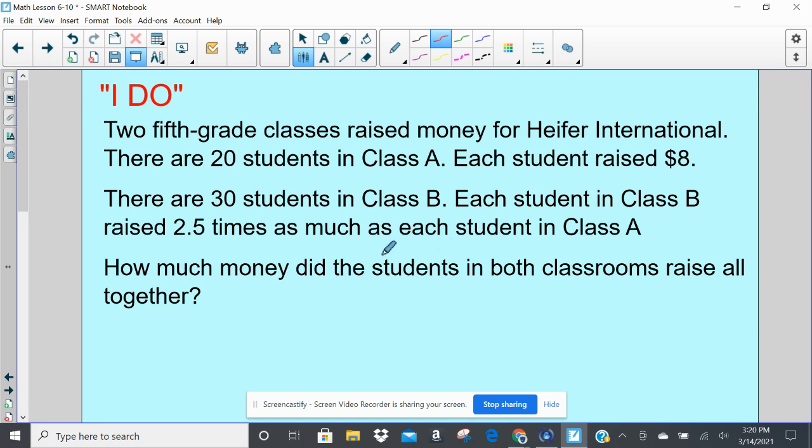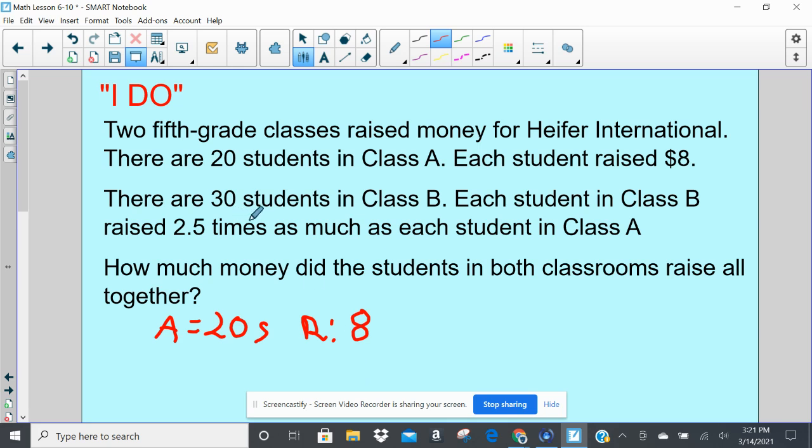So here's our story problem. I'm going to take a look at this story problem, read it out loud, and make some notes while I'm reading it as well. There are two fifth grade classes raising money for Heifer International. There are 20 students in Class A. Each student raised $8.